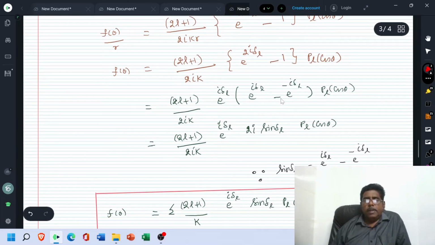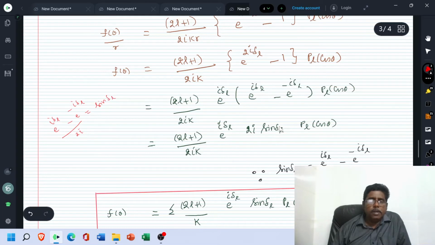Actually, (e^(iδL) minus e^(-iδL)) divided by 2i is sin δL. So (e^(iδL) minus e^(-iδL)) is equal to 2i sin δL.